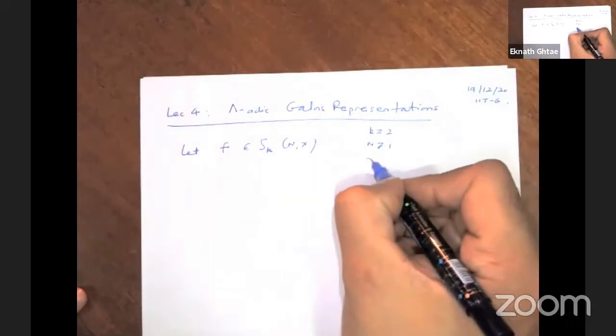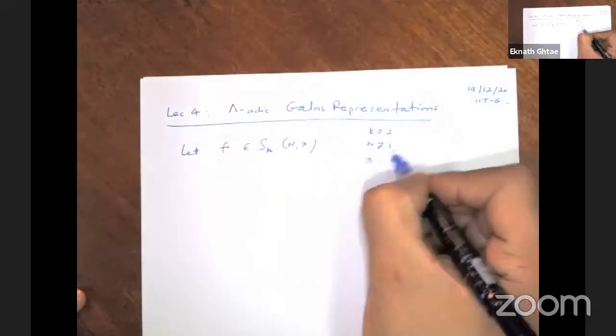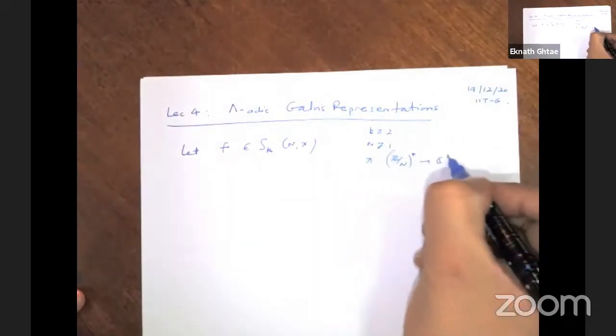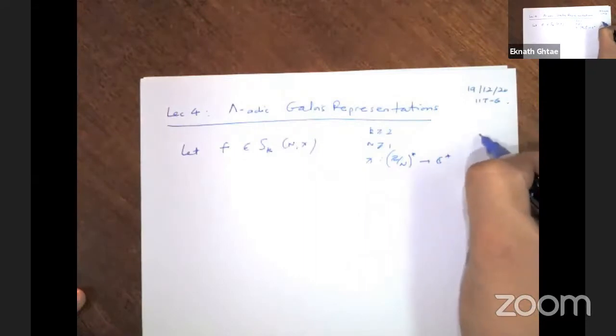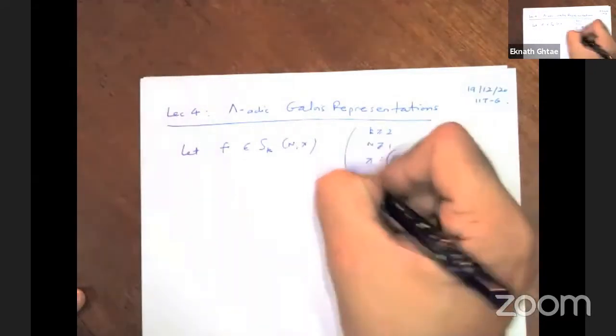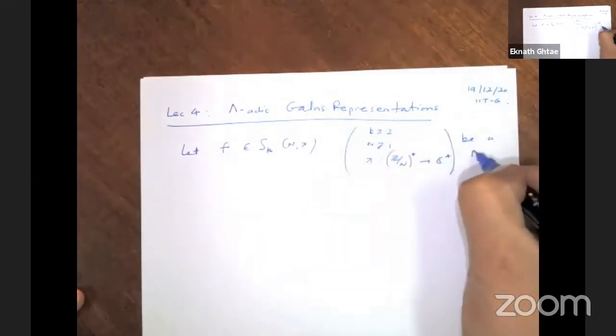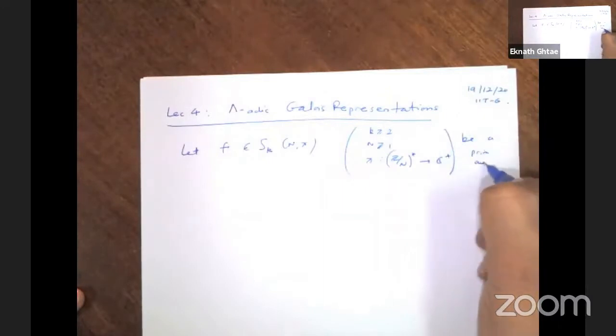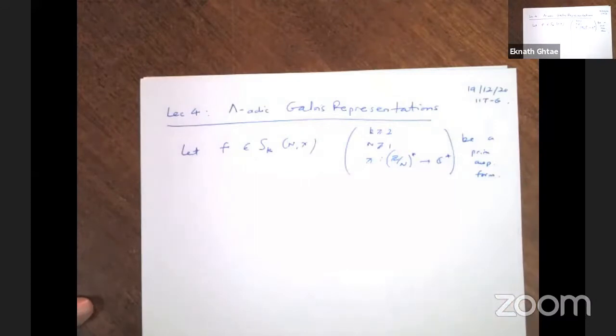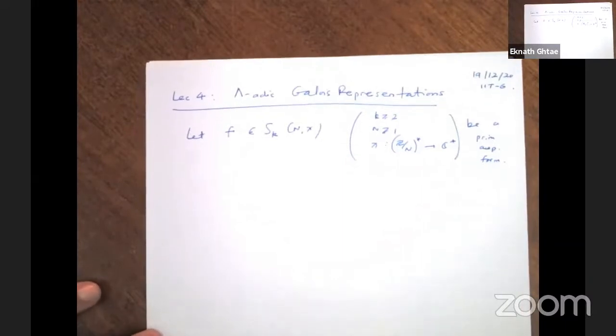N is greater than 1 and chi is a character. Primitive cusp form. Primitive means, as usual, normalized with the q coefficient to be 1 and an eigenform and a newform.